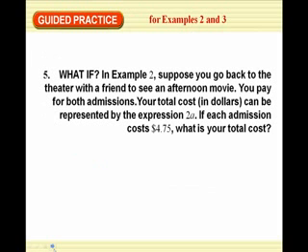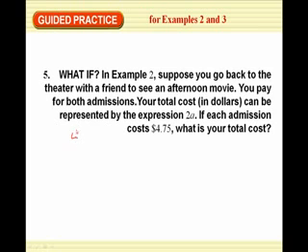So here's some guided practice. Number 5, what if in example 2, suppose you go back to the theater with a friend and see an afternoon movie. You pay for both admissions. Your total cost in dollars can be represented by the expression 2A. If each admission costs $4.75, what's your total cost? So you pay for both of them.